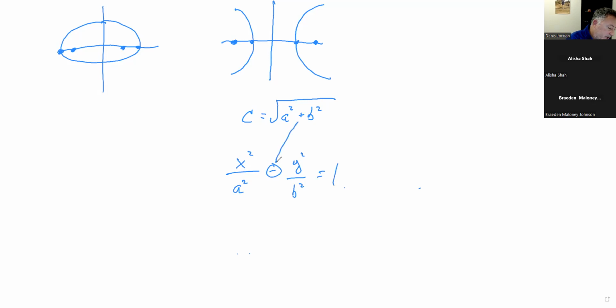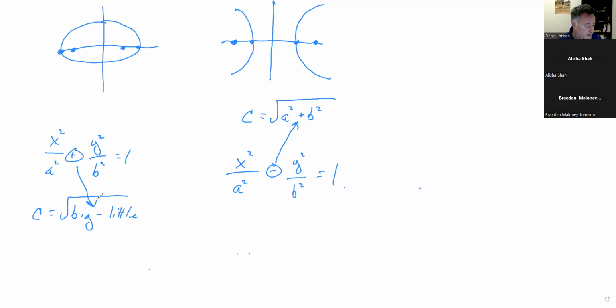So the minus changes into a plus for the ellipse, and then for the hyperbola, it does the reverse. So the plus changes into a minus. So they're always opposite. Oh, okay, that makes sense. Thank you.